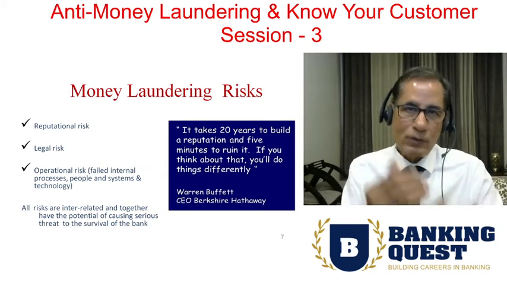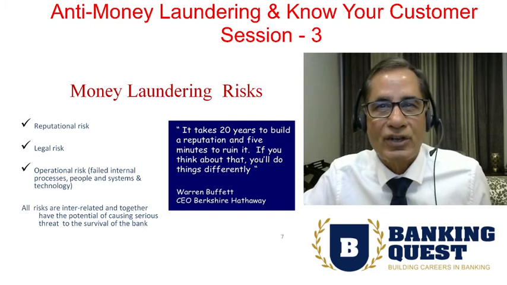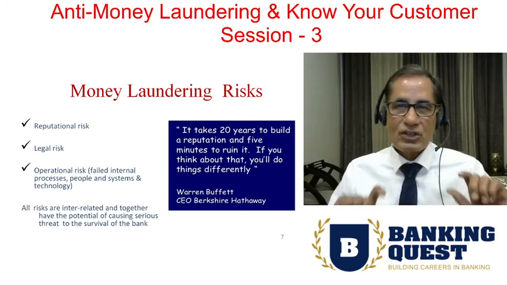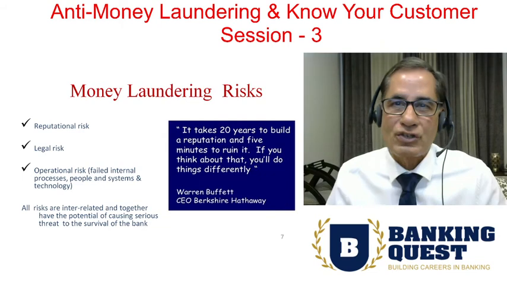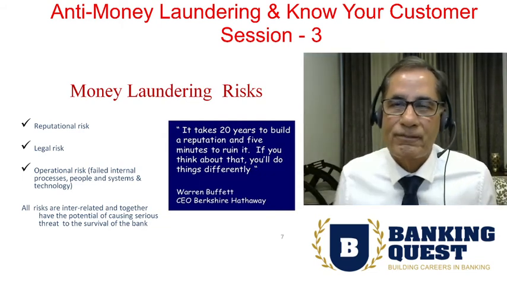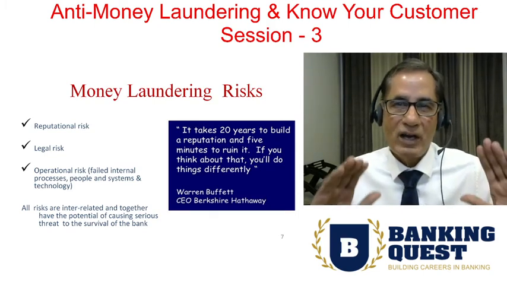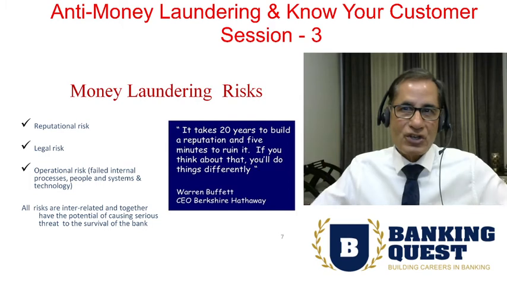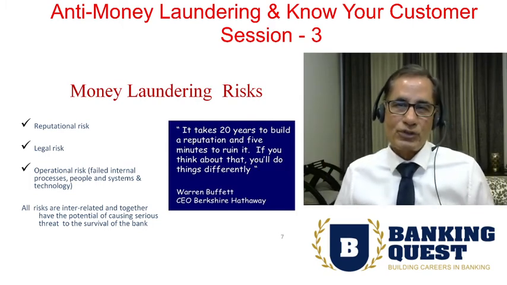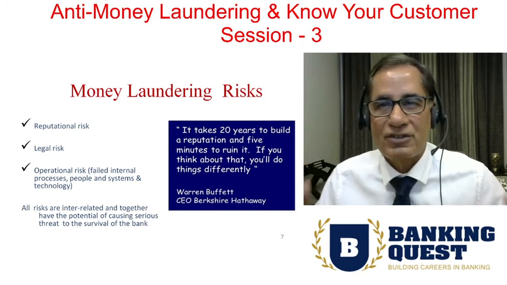And banks are able to provide services because banks enjoy the trust of the general public. If the trust in the banking system is lost, people will not keep their deposits in the banking system. So, to maintain the trust, banks will have to keep their reputation intact. Suppose trust is lost, the reputation of the bank is also lost.